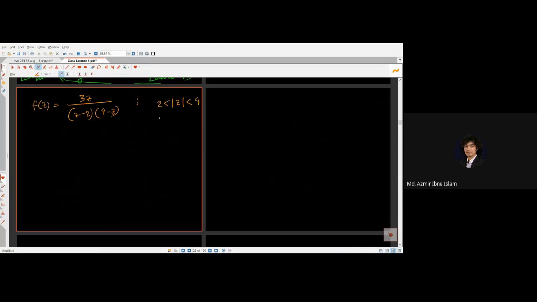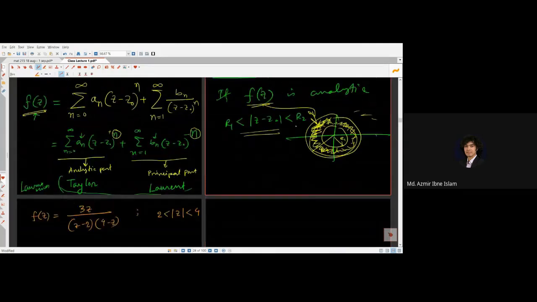Contour is not the correct word; we have the region 2 less than modulus z less than 4. We can compare with 2 less than modulus of z minus z naught. Since we have only z, we can think of z naught as 0, so modulus of z minus 0 less than 4. Is that okay?